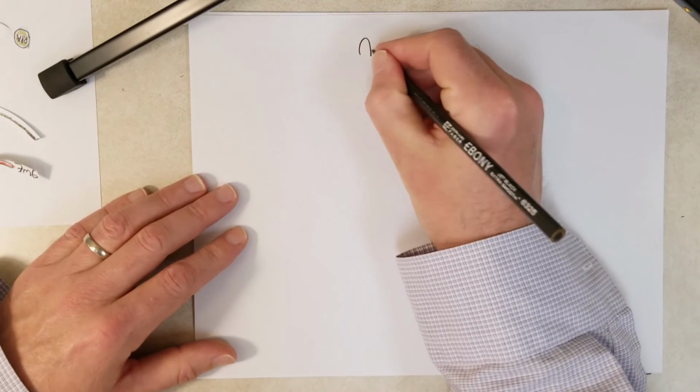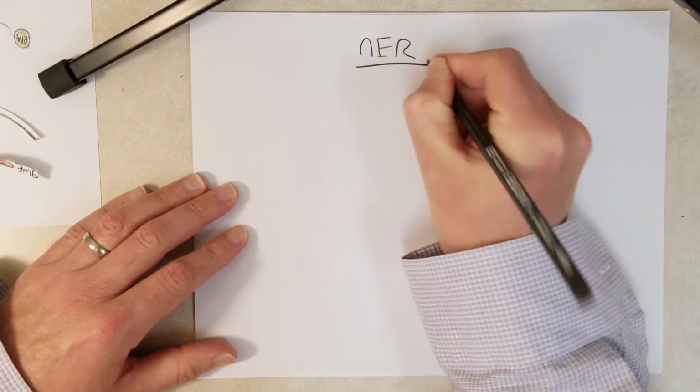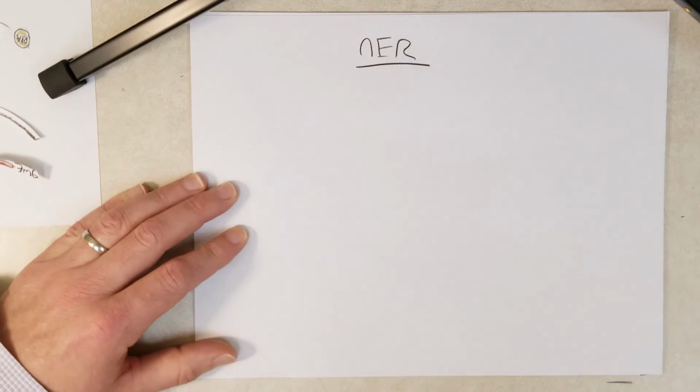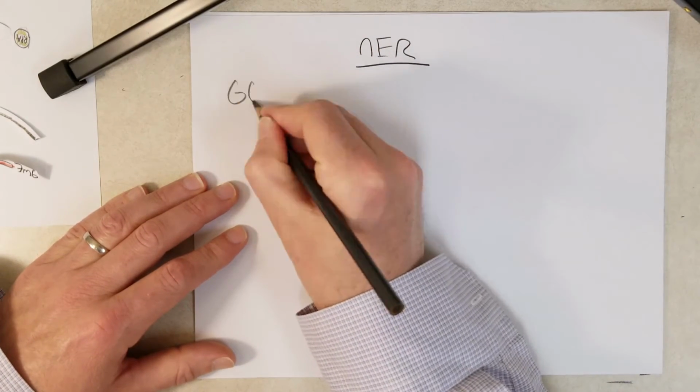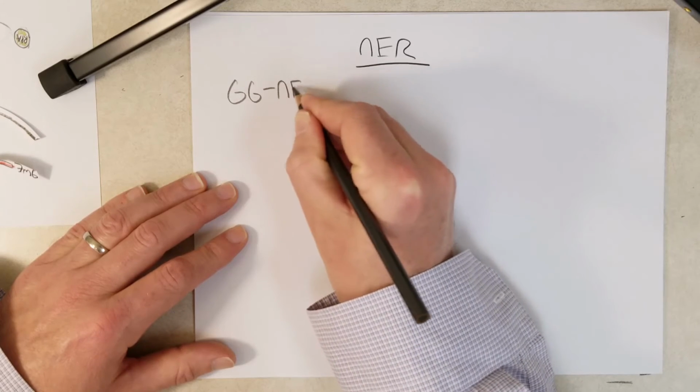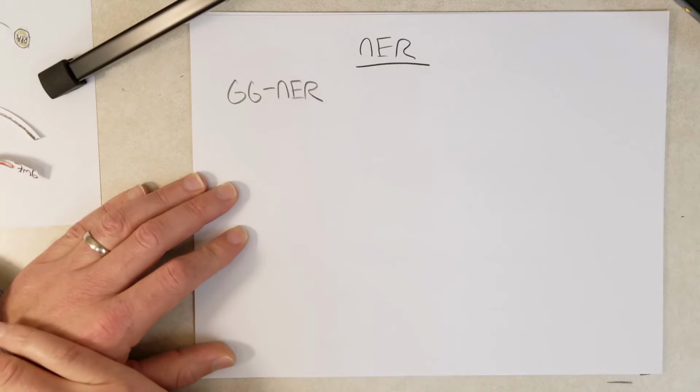So let's take a look at the mechanism. How does it work? Nucleotide excision repair can be split into two distinct, well, connected mechanisms. They start out differently.